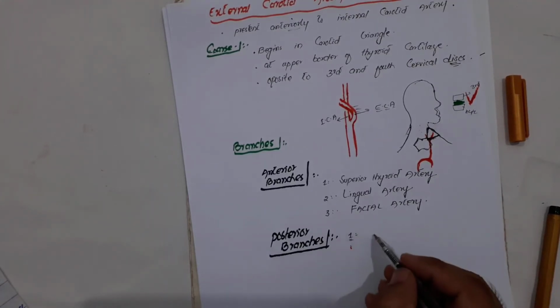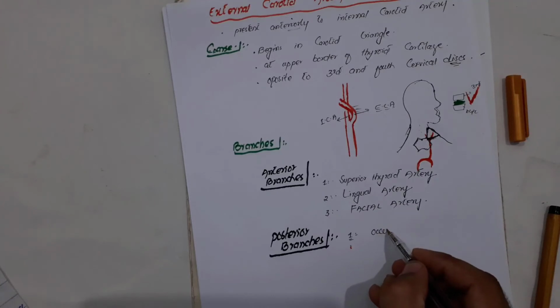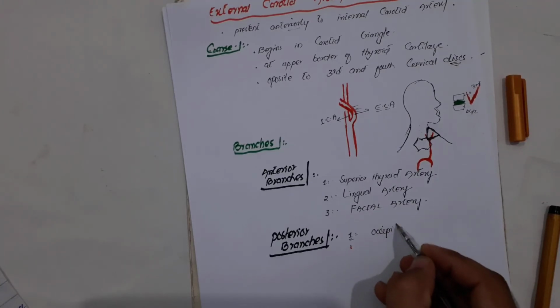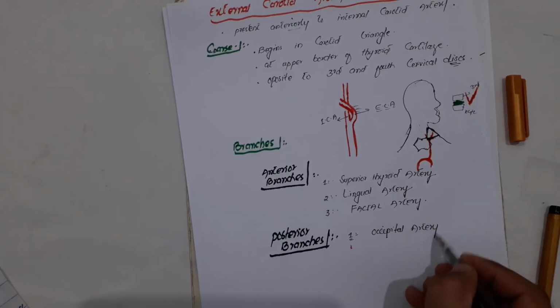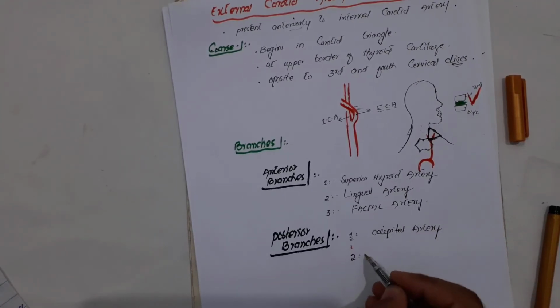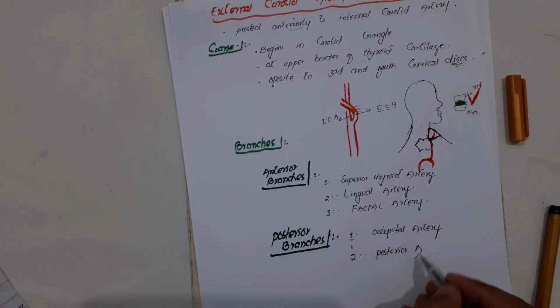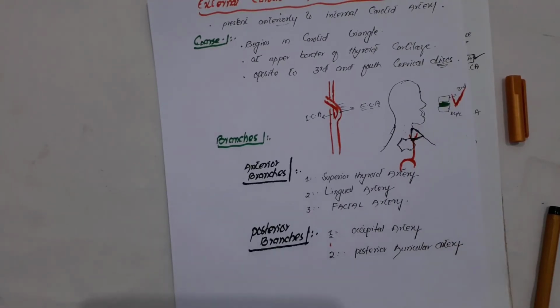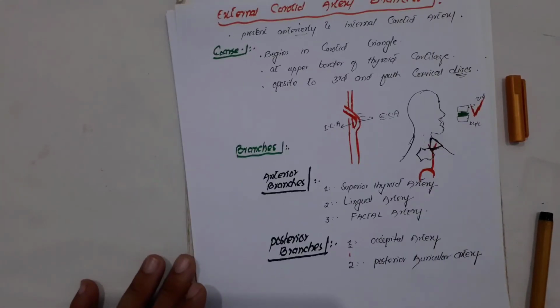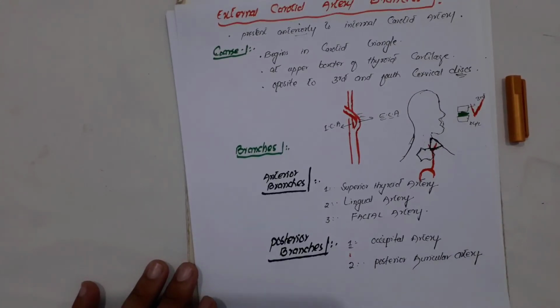The first one is the occipital artery. Then the second one is the posterior auricular artery. Okay, these two are the posterior branches of the external carotid artery.